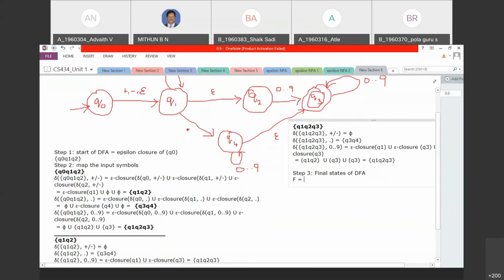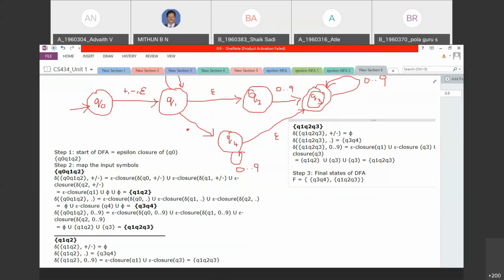How many states do we have? Four states. Wherever Q3 is there, all those become final states. That is Q3, Q4, and Q1, Q2, Q3. Clear?